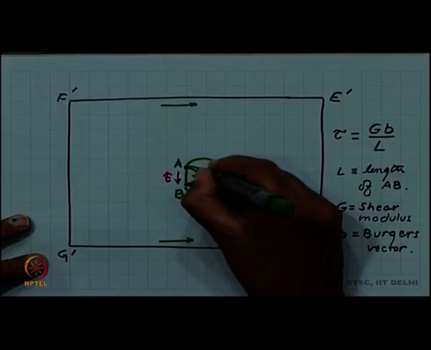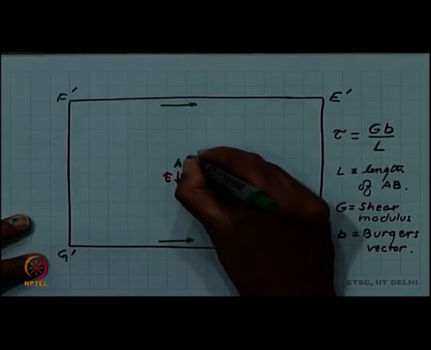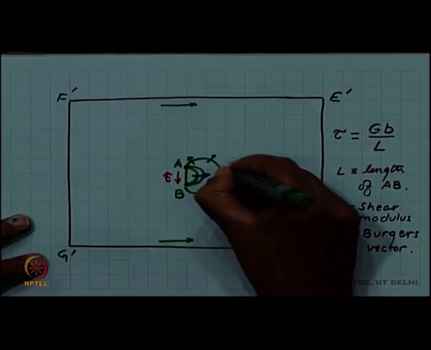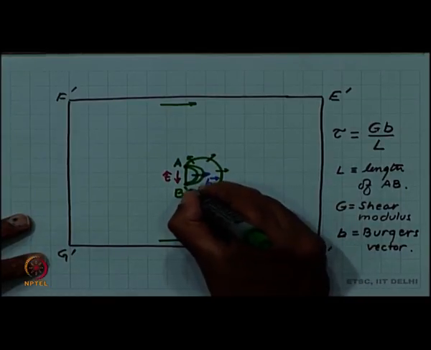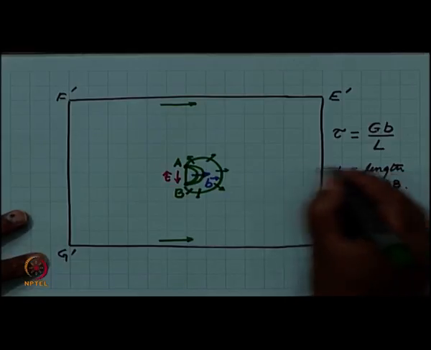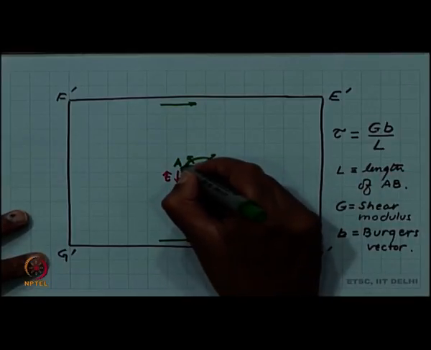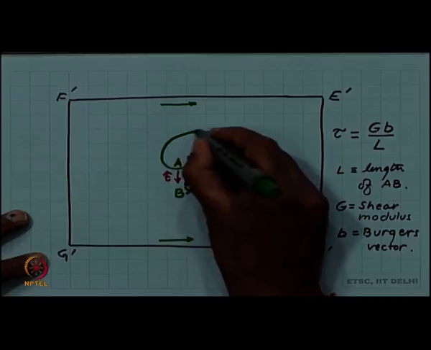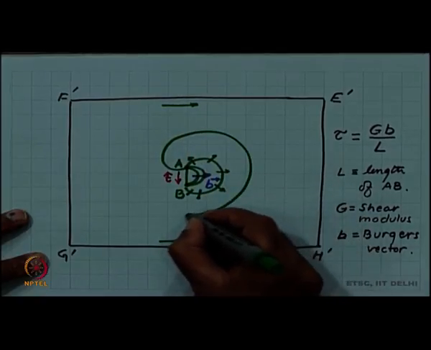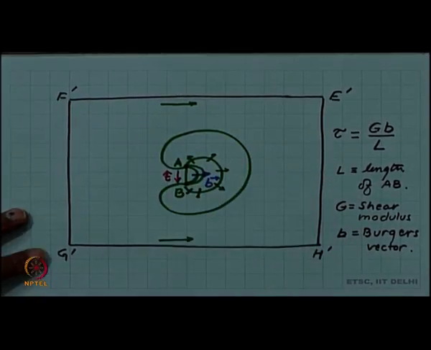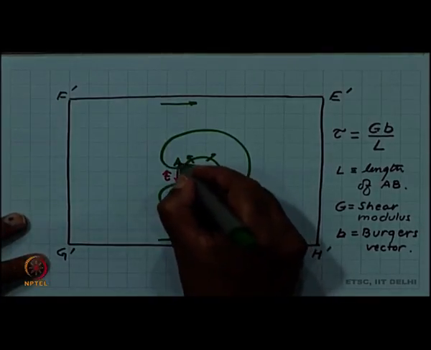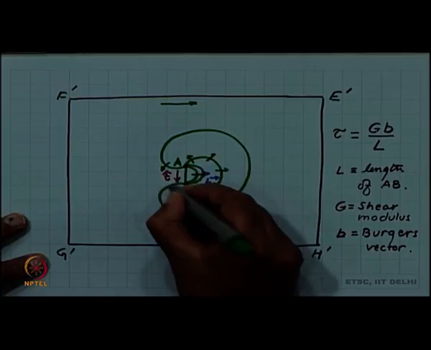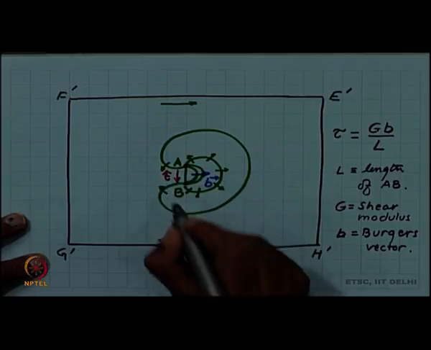So, at any given time, each dislocation segment feels a force which is normal to the dislocation line, and that is why it keeps bulging into these shapes. Finally, a moment will come, because this will keep bulging this way, this will keep bulging this way.